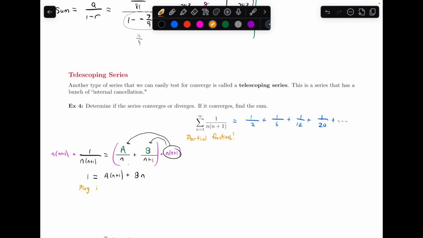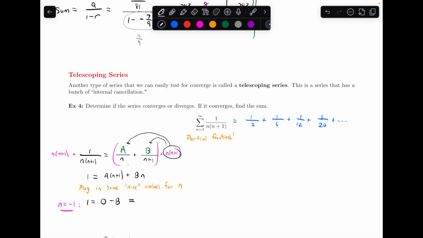So now let's plug in some "nice" values for n. What are some nice values? If I pick n equals -1, this part just becomes 0, so I'll plug in n equals -1. I get 1 equals 0, and then minus b.